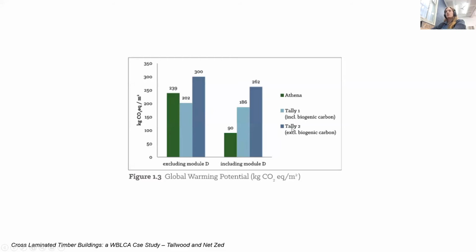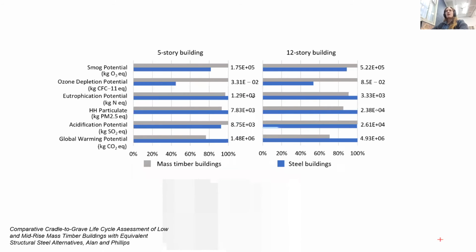When you don't include biogenic carbon, obviously there's a lot more, because it's only looking at the carbon related to manufacturing. It's not saying that carbon stored in the tree can be used in your analysis. And then depending on the program and your assumptions about this, it can make a big difference in the final calculations. So definitely a nuanced thing to get into, but just something to point out to start to understand the impact of some of these nuanced things.